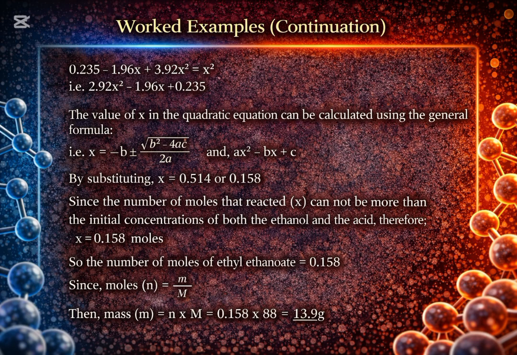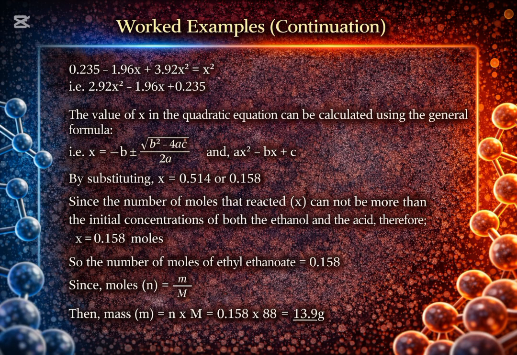Now, look at the two answers. 0.514 is higher than the two initial concentrations of ethanol and ethanoic acid. Ethanol is 0.3, ethanoic acid is 0.2.